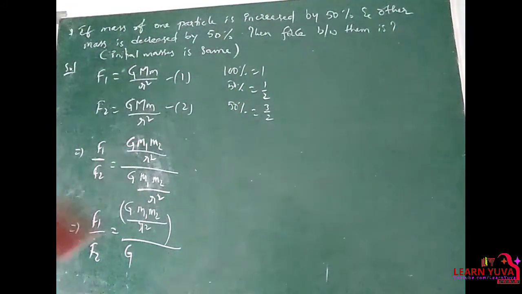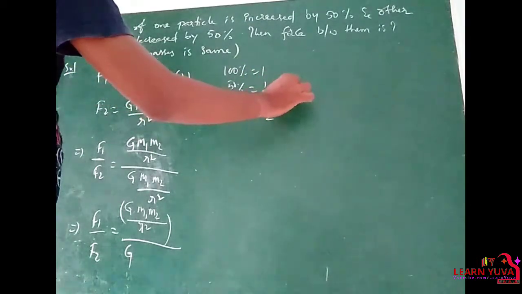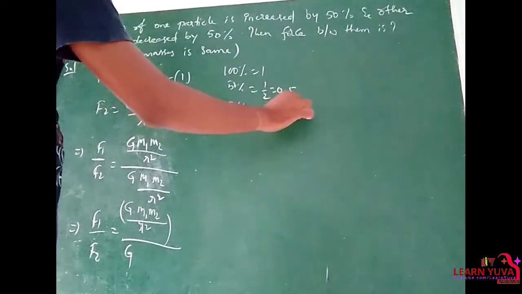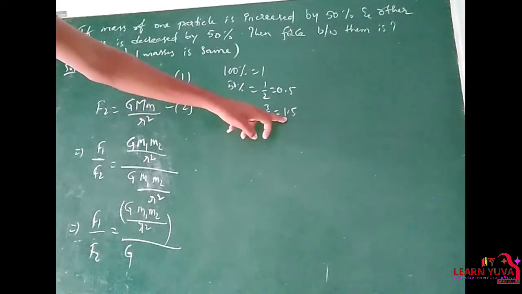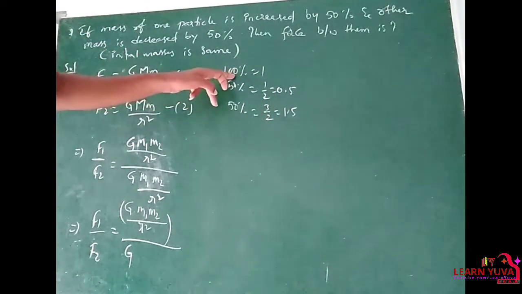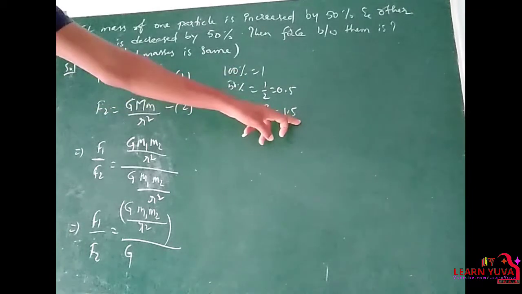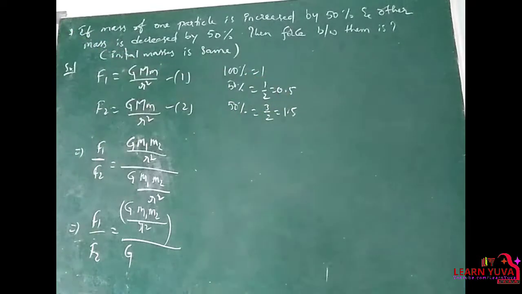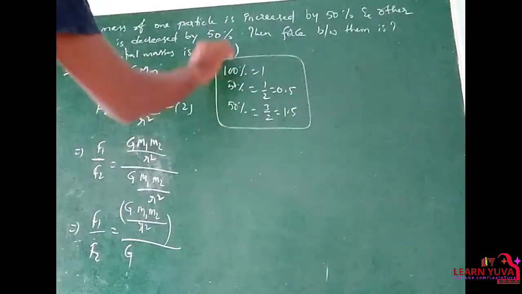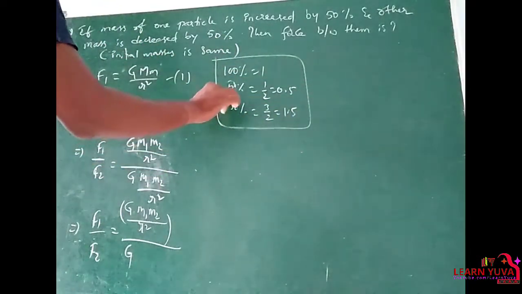Right? So 1 by 2 is nothing but 0.5 and 3 by 2 is nothing but 1.5. So increase 50% means 1.5. Decrease 50% means 0.5.